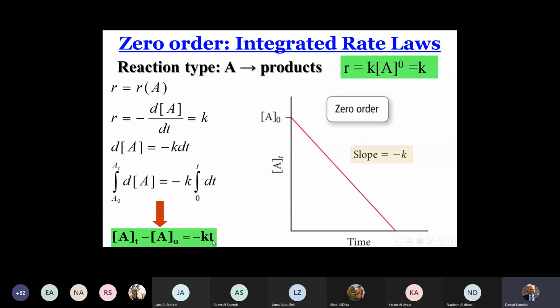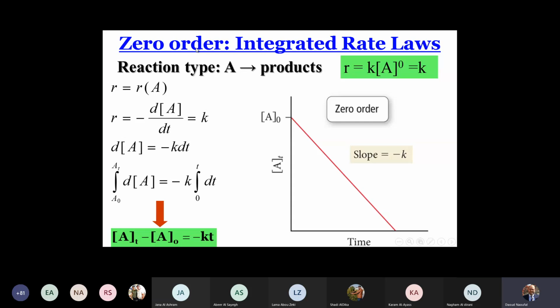Suppose you did not obtain a straight line. That means this relation is not justified. If this relation is not justified, what you proposed from the beginning is incorrect. That means your reaction is not zero order. And if you draw the variation of A as a function of time t, and you obtain exactly a straight line, this relation is justified, so what you proposed is correct.